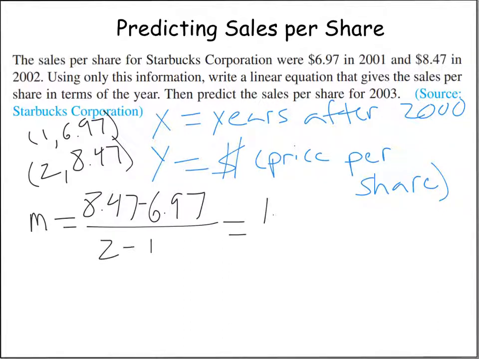Change in y over change in x. This comes out to be 1.5 over 1, or just 1.5, which tells me that the price is increasing $1.50 per year.